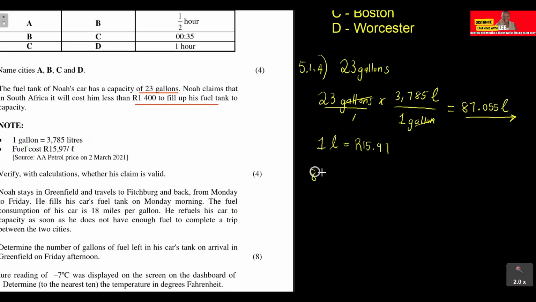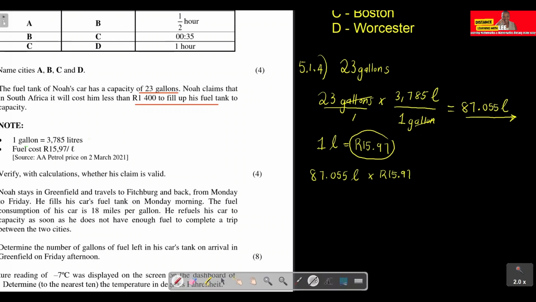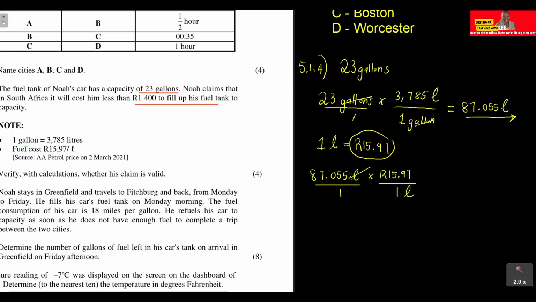It's going to be 87.055 liters multiplied by what you want, the cost of his petrol, which is 15 rand and 97 divided by what you have, 1 liter. The units for your liters cancel each other.